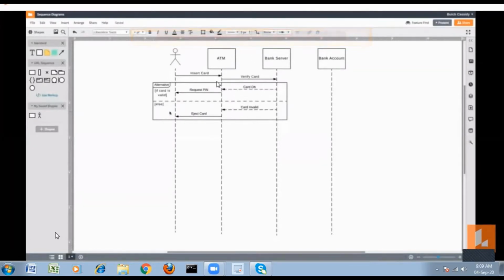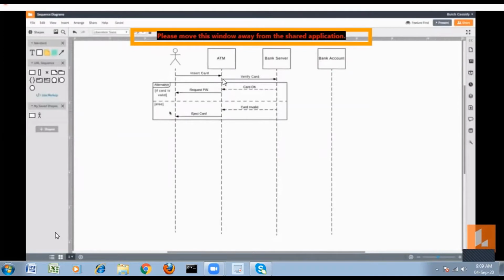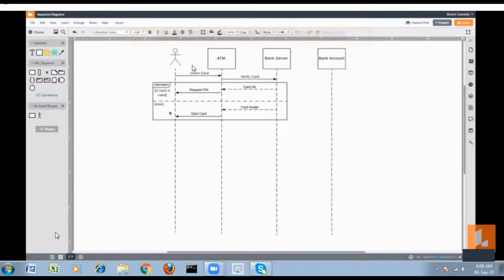What next? Now we have inserted the card, right? So what happens next is that my card details will get verified, basically the PIN that I enter. So there would be verification. After I insert a card, the ATM will send a request message to the bank server to verify this particular card or the PIN that the actor has given as an input.